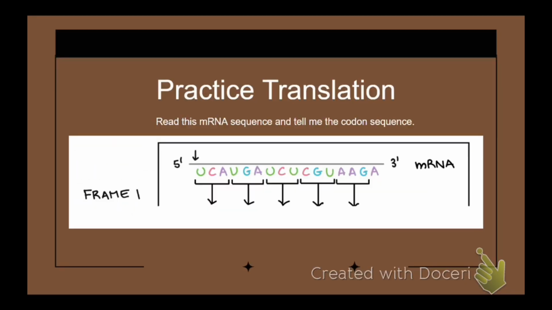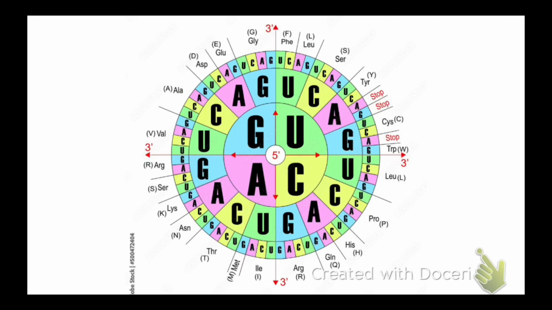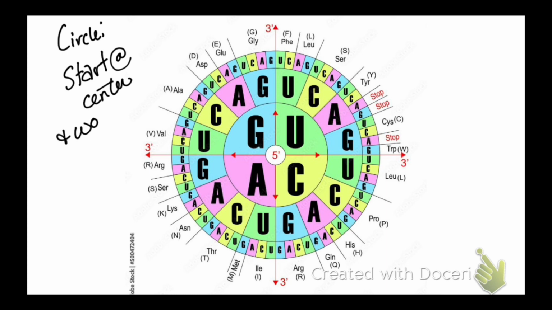All right, so here's that circle chart. You can write this either in your C notes or on your circle chart. I'm fine with either. So your circle chart, you start at the center and work out. So everything here would be my first letter.